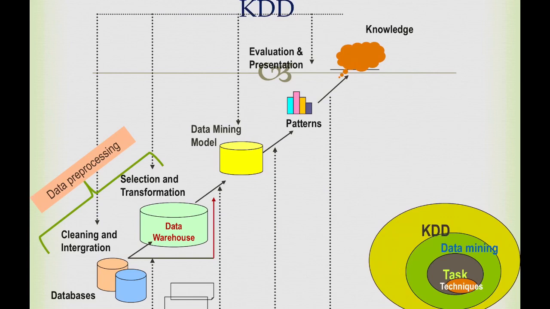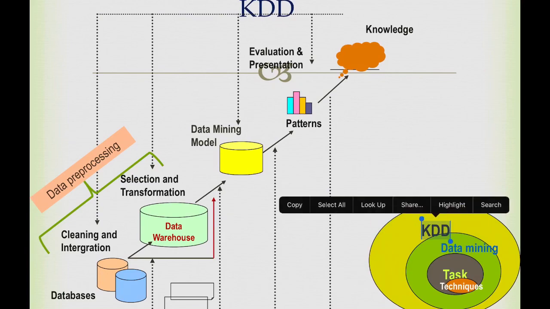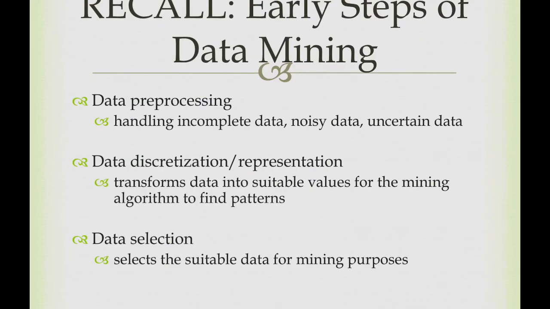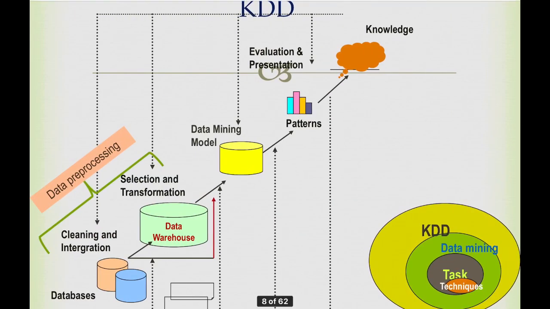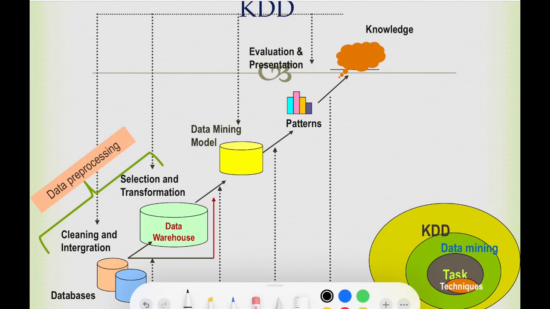So we have to recall back our data mining as a step of KDD. Previously we have seen this slide in the first and the second lecture. The data preprocessing will fall here, dekat sini. Okay, so it actually deals with our databases dengan our data warehouse. In databases, we have to do the cleaning and integration.